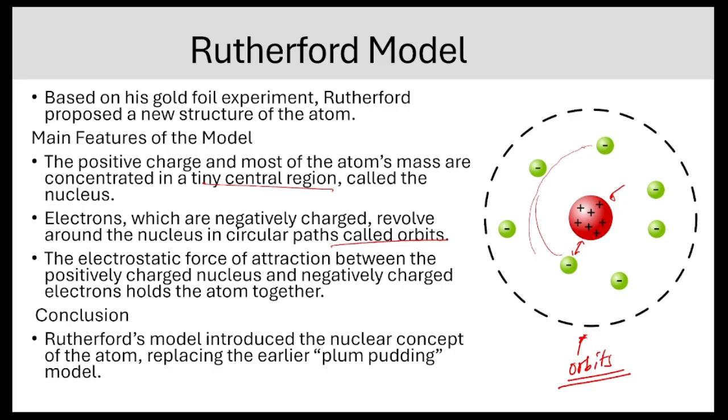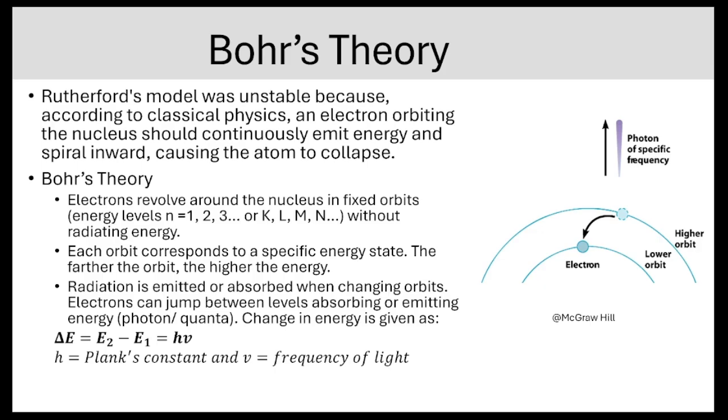So if this electron was to continuously move, it should ultimately spiral inside, and the atom itself should collapse. However, we know that atoms do exist. So that means there has to be something wrong with the model.